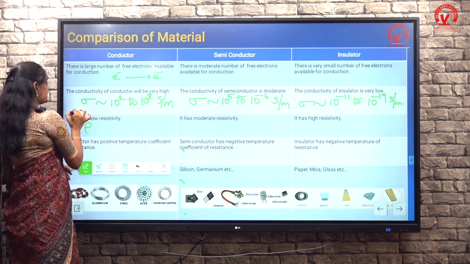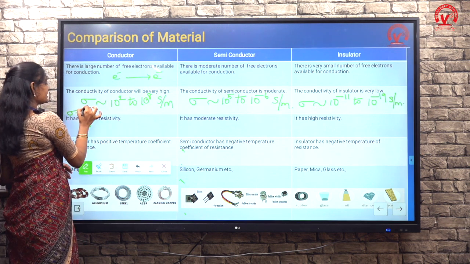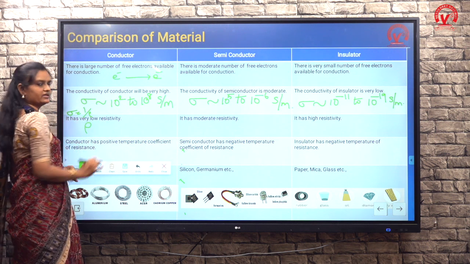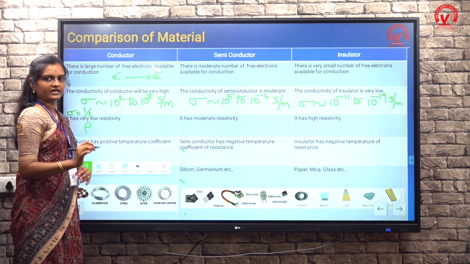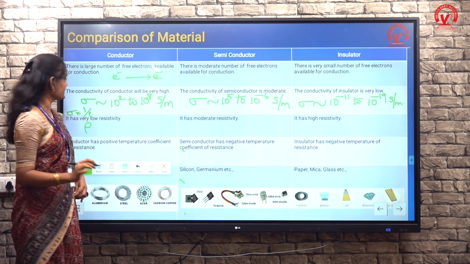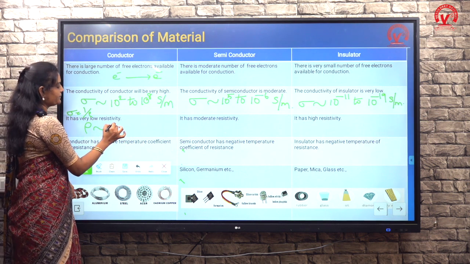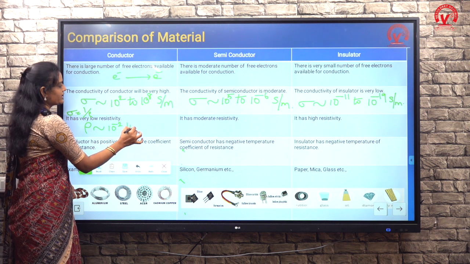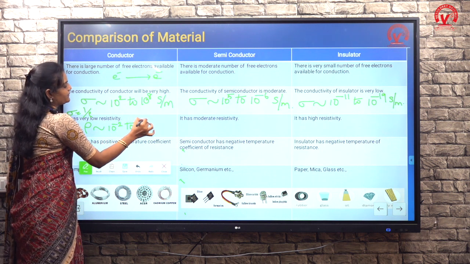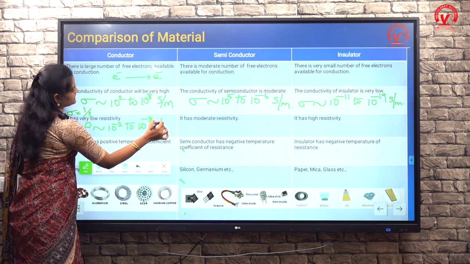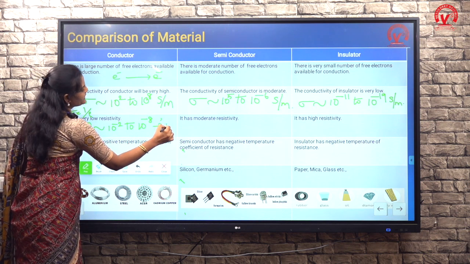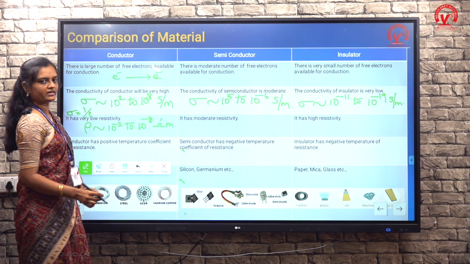We know that conductivity is the reciprocal of the resistivity. So resistivity is approximately equal to 10 power minus 2 to 10 power minus 8 ohm meter.